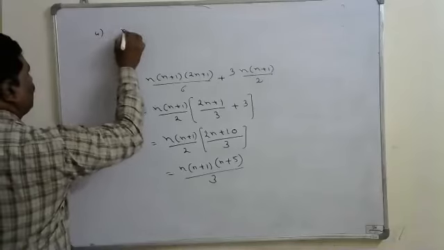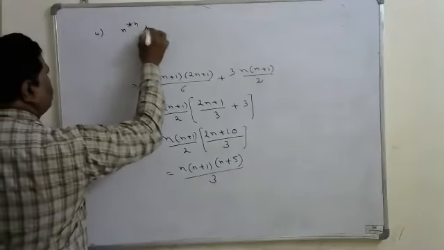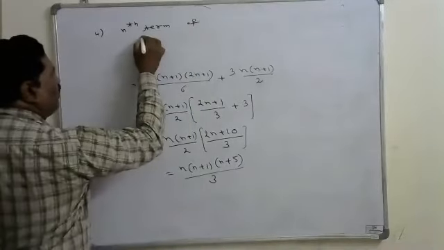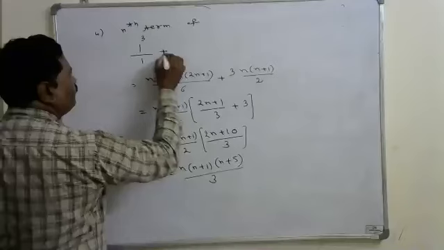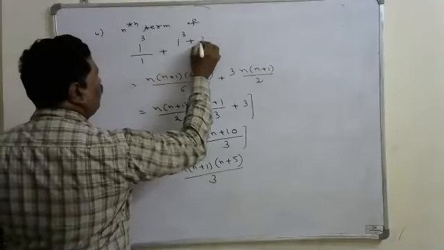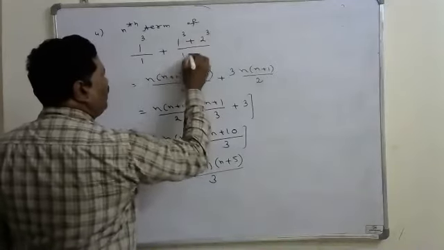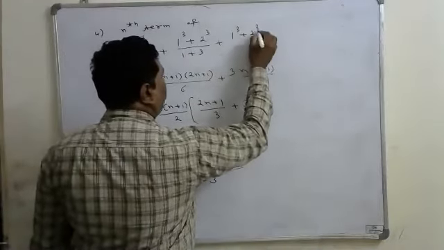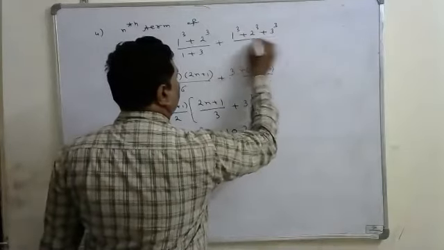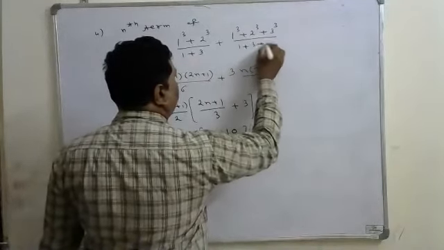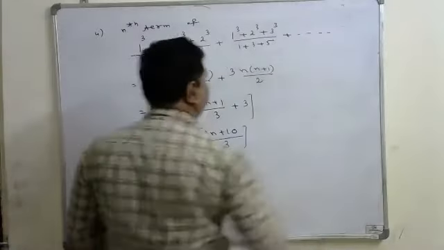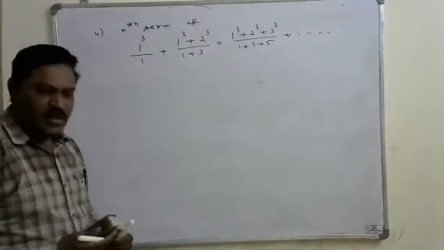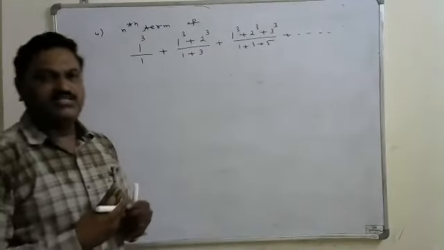That is the nth term of the series: 1 cube upon 1, plus 1 cube plus 2 cube upon 1 plus 3, plus 1 cube plus 2 cube plus 3 cube upon 1 plus 3 plus 5, plus and so on. So this is the given sequence. We have to write the nth term of that particular sequence.